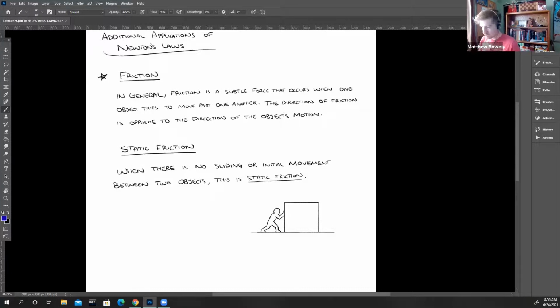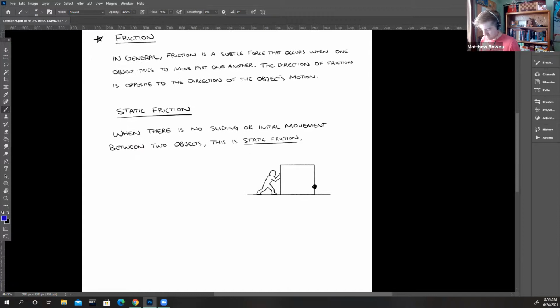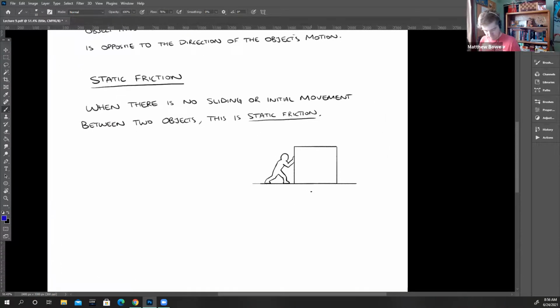Let me write the equation, and then I'll dive into this picture a bit more. For static friction, we have the force, a lowercase f, static friction. I could push this box, or my phone on my desk, a little bit, up to a point until it breaks free.